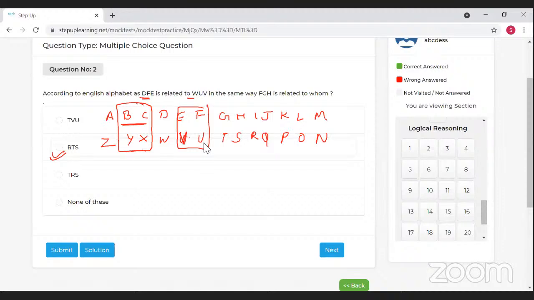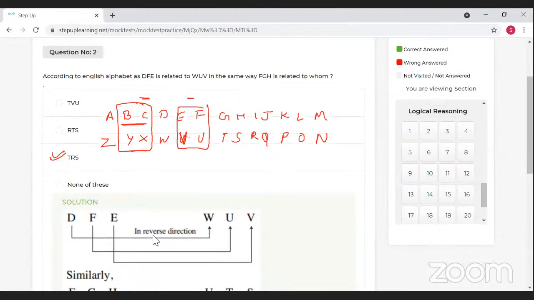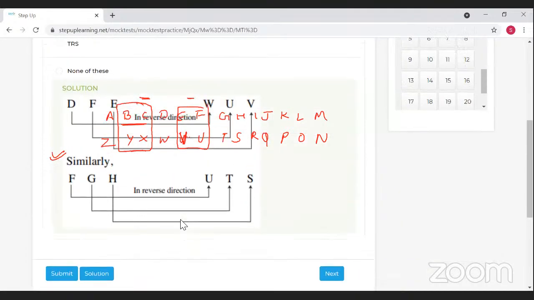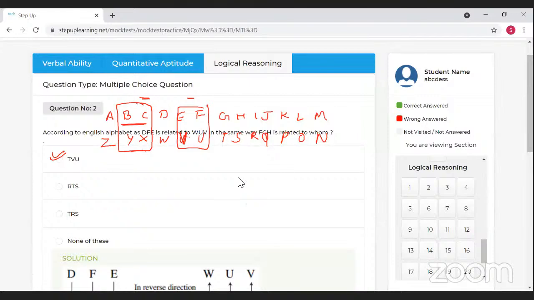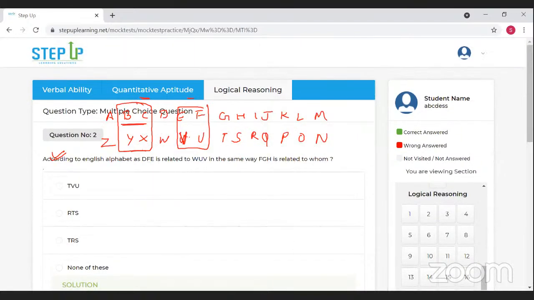FGH will be UTS. None of these should be the answer then. Yeah, it has to be UTS. I hope you got it, people. Yes. All right, I'm not erasing it, or I should erase it.